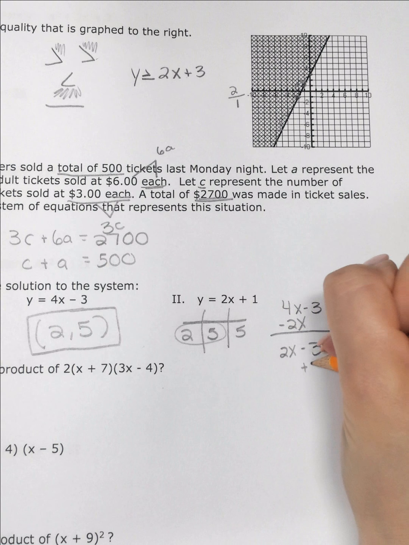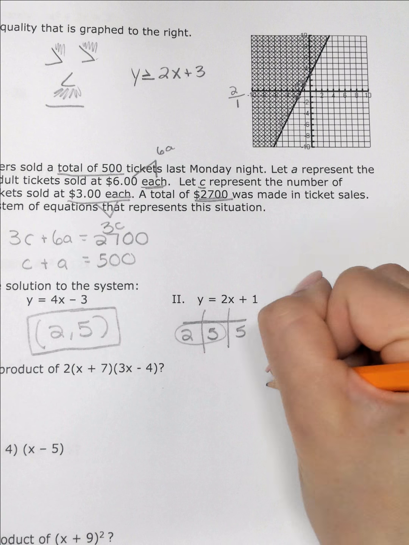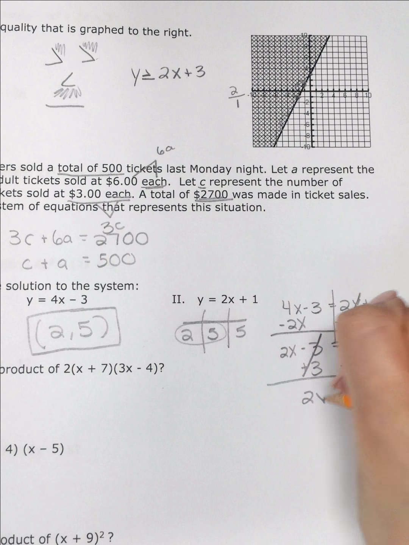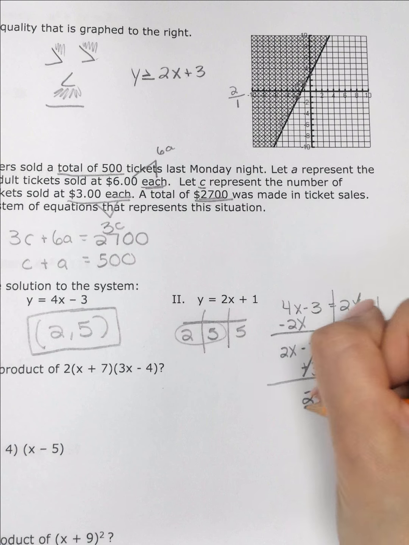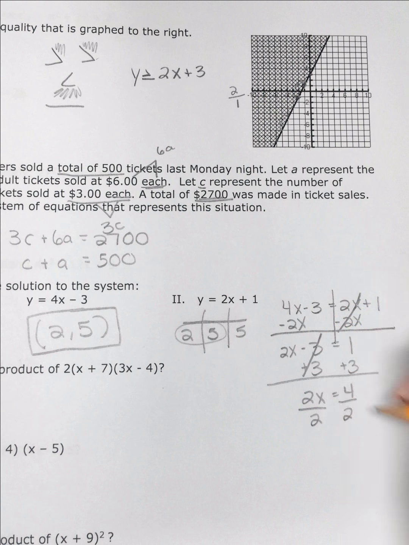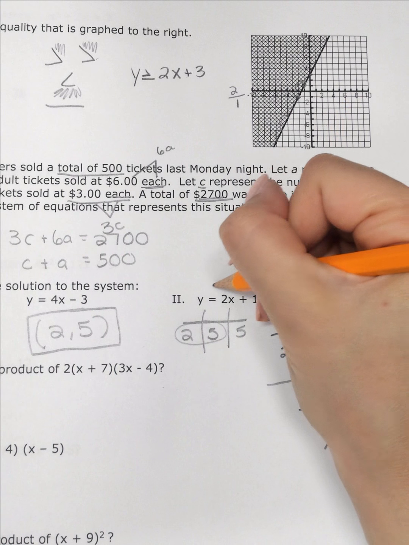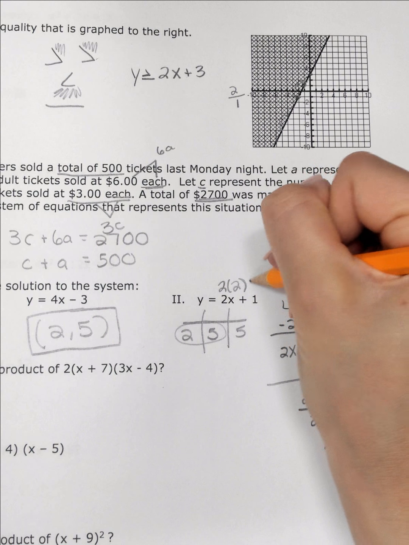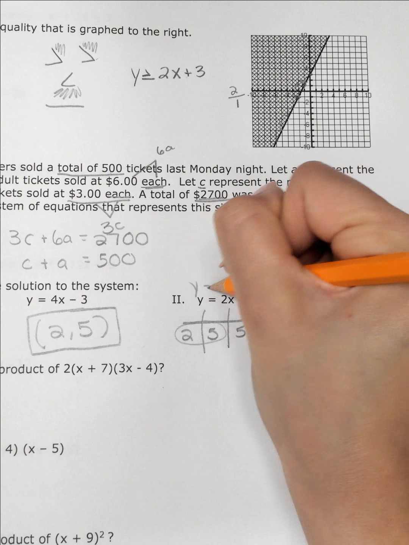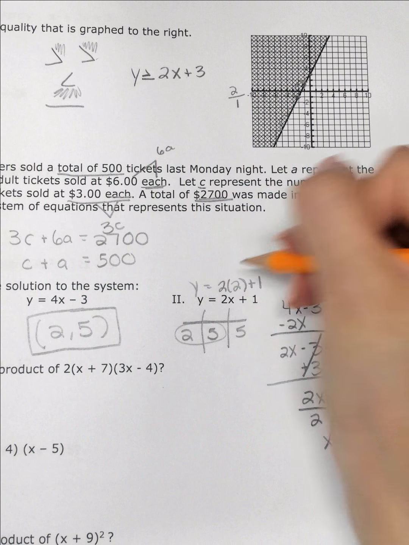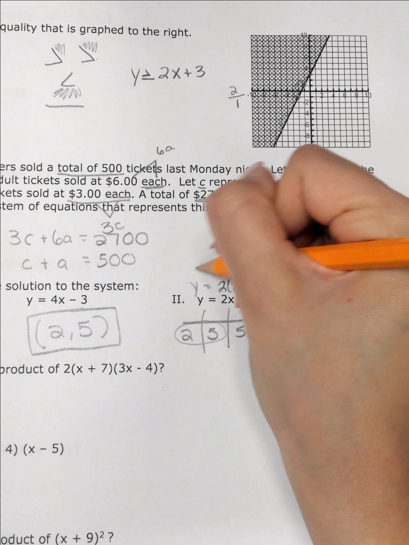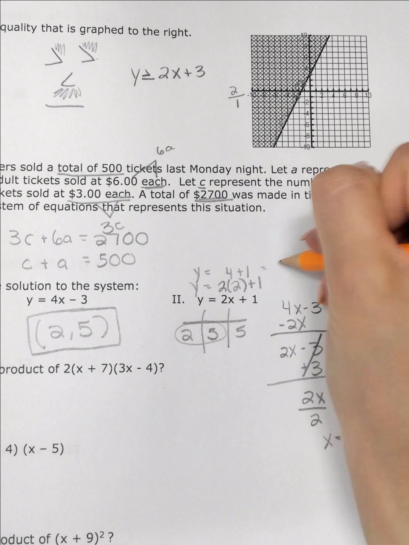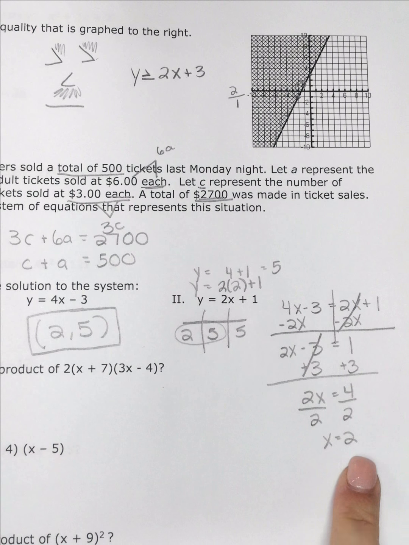Add the 3, add the 3. So 2x equals 4. Divide by 2, divide by 2. So x equals 2. So that's the x value. To find the y value, you just plug it back in. So 2 times 2 plus 1. 2 times 2 is 4. And 4 plus 1 is 5. So my x value is 2, my y value is 5.